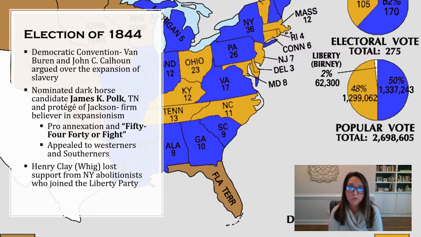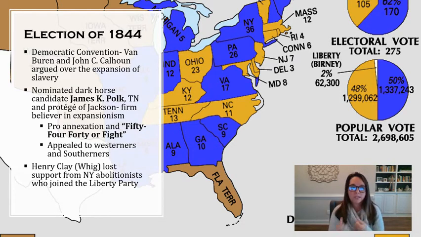However, John C. Calhoun, a South Carolinian, is running on the Southern Democratic view of the expansion of slavery. He is pro-expansion. And I want you to think of that in general. Southerners were pro-expansion. They wanted as much territory as possible so that they could, especially in the Southern tract, spread the institution of slavery and get more slave states, okay?